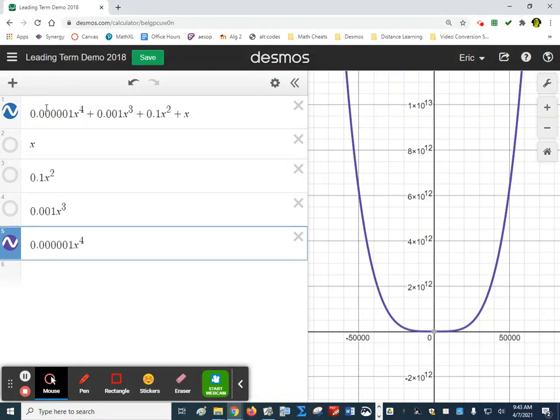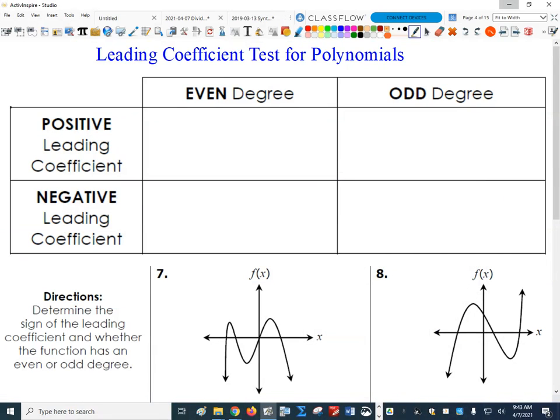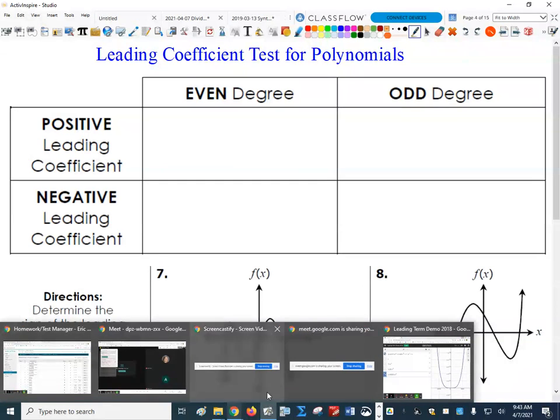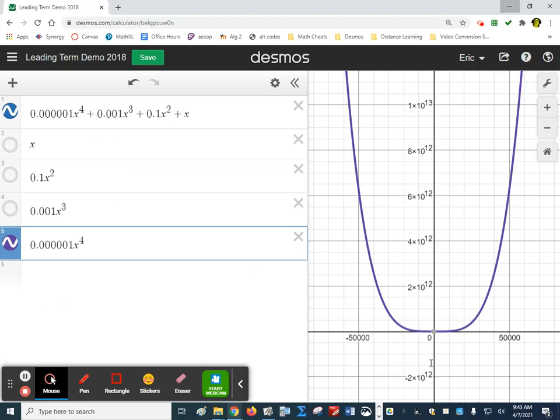Okay, so let's look at a couple quick examples then. Okay, so what's going to happen if I have, I've got to do one more experiment. Boy, Desmos has helped so much. You get to see these things in a realistic way.